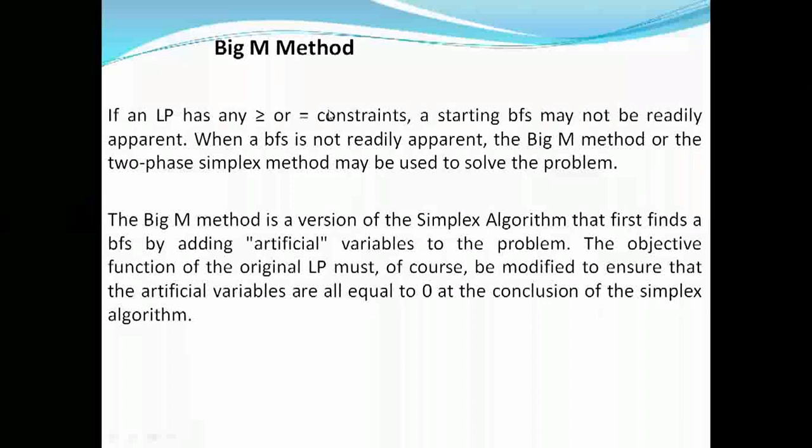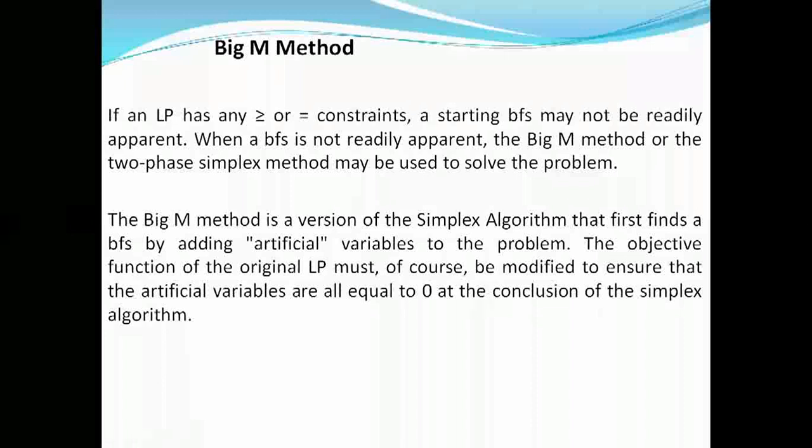Hence, this Big M method will have only two significations, that is, greater than or equal to, or equal to constraints. That is the first step to be obtained in the Big M method. And the second one is the simplex algorithm generation.